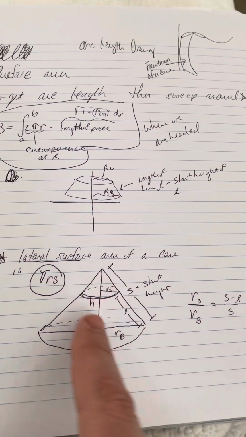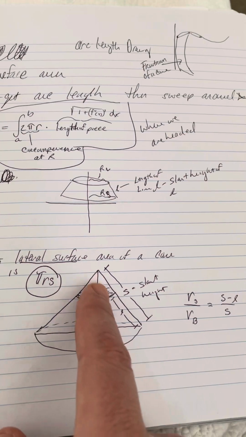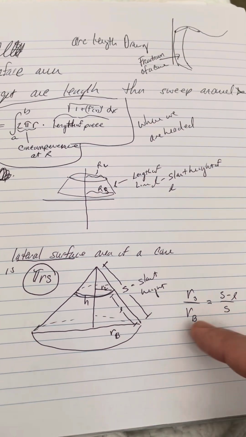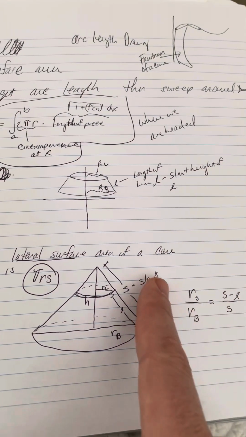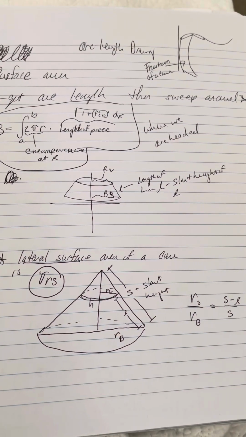So we subtract these two, and we're actually going to get the slant height of the smaller cone. And then we're going to have the slant height of the big cone. So small to big, radius to radius, slant height to slant height.